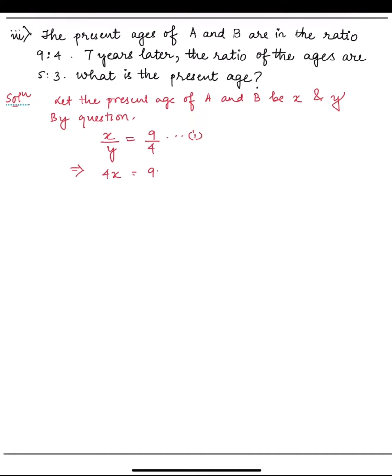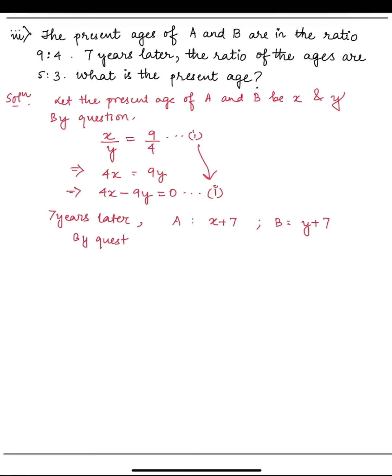I'll just write it properly. 4x equal to 9y. So 4x minus 9y is equal to 0. This is my first equation. Now 7 years later, the ages of A will be x plus 7 and B will be y plus 7, right? By the question, x plus 7 by y plus 7 is 5 by 3.